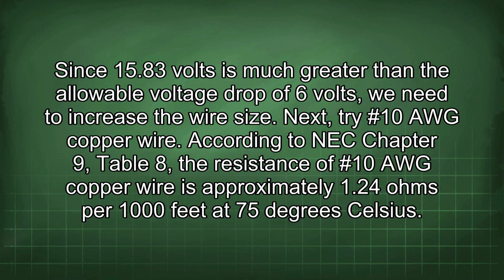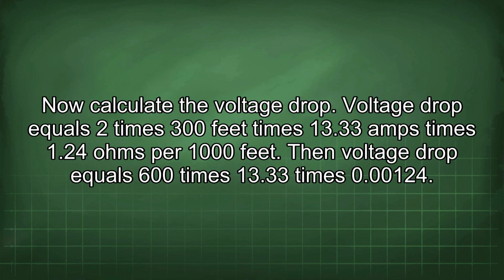According to NEC Chapter 9, Table 8, the resistance of #10 AWG copper wire is approximately 1.24 ohms per 1000 feet at 75 degrees Celsius. Now calculate the voltage drop. Voltage drop equals 2 times 300 feet times 13.33 amps times 1.24 ohms per 1000 feet.